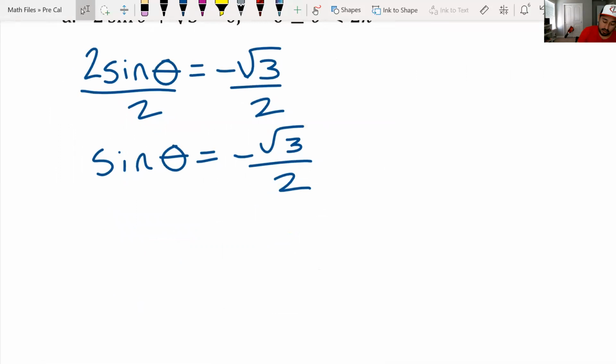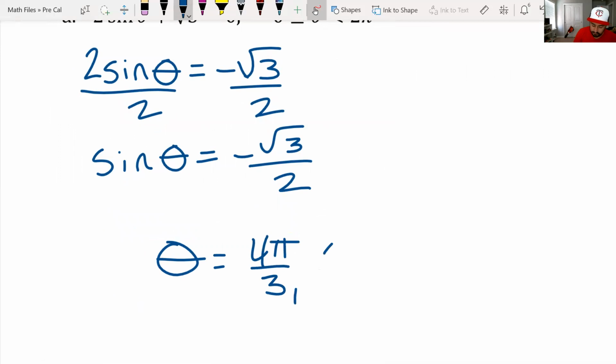And now, all we have to ask ourselves is, on the unit circle, from 0 to 2 pi, what radian values make sine negative square root of 3 over 2? And those radian values are going to be 4 pi over 3 and 5 pi over 3.